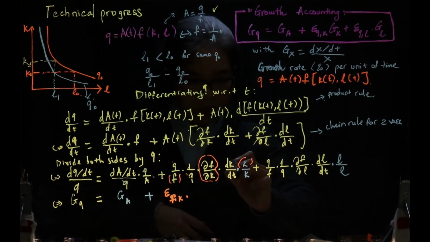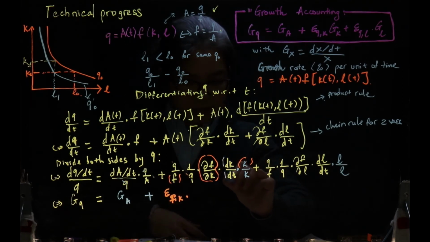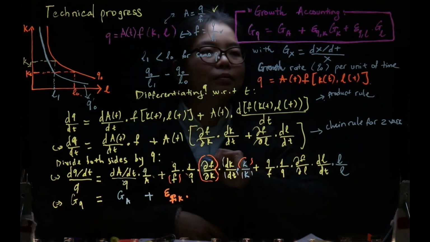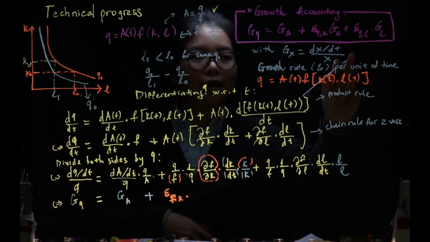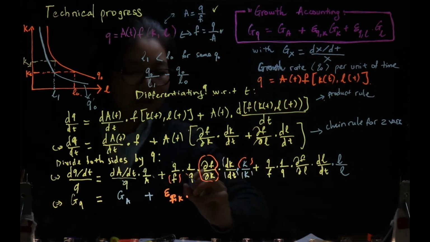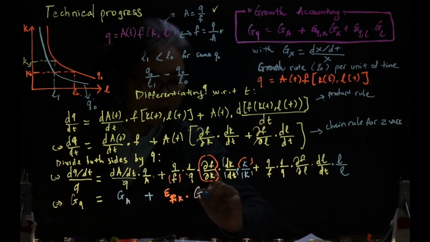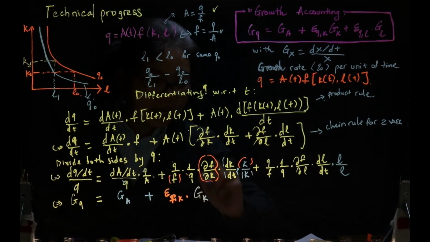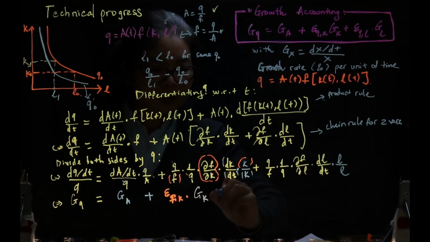The thing left is dK over dt, and then everything divided by t, with K replacing x. So that's actually the growth rate of K, right?